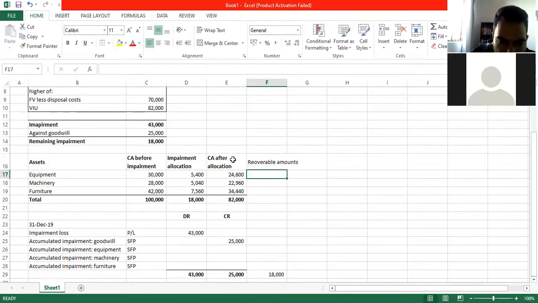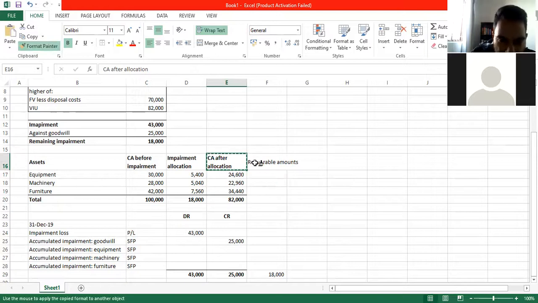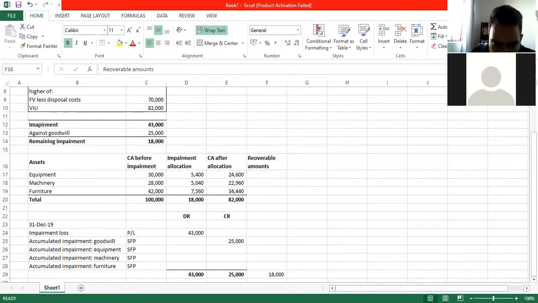Okay, so if we have a look, they told us in the scenario, remember below that table, in the last paragraph above the required in the scenario, they said the only fair value less cost of disposal available for individual assets is for furniture for which there is an active market.